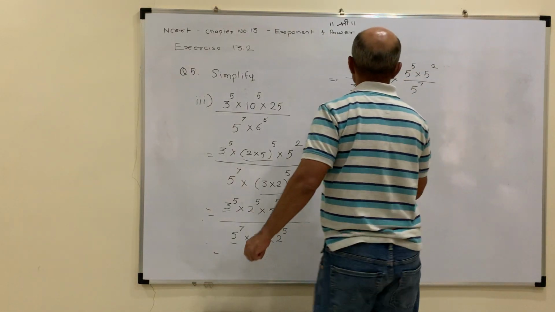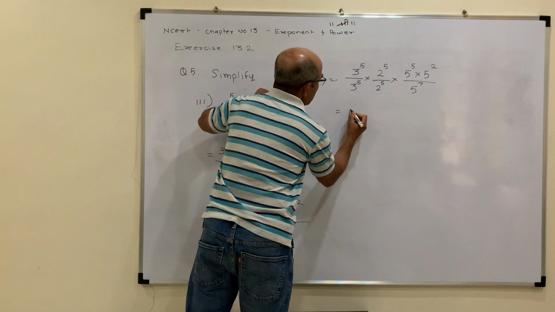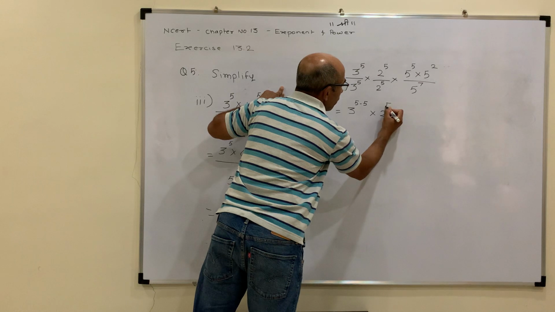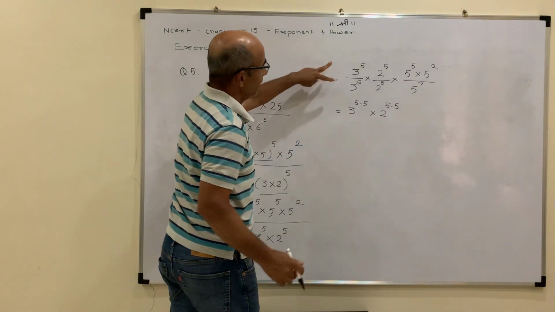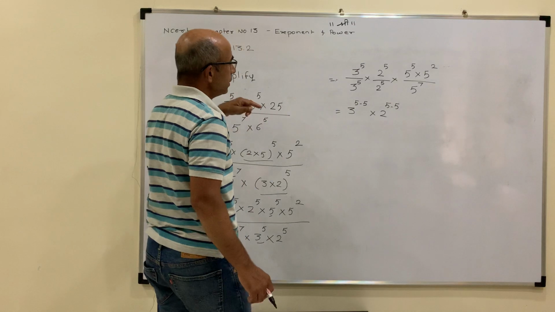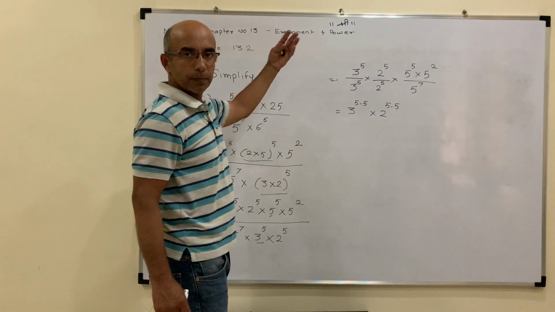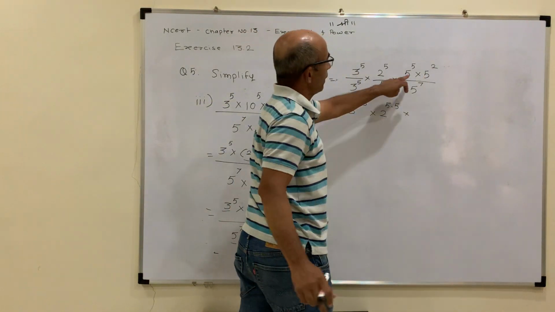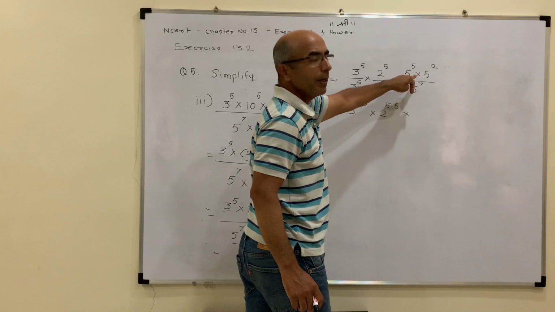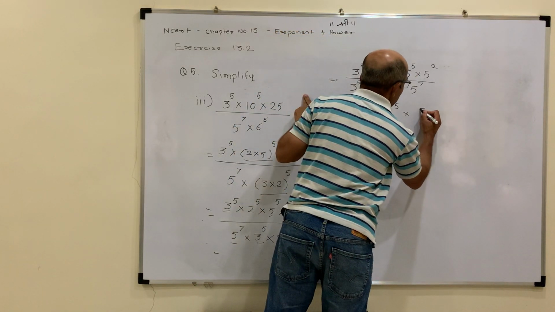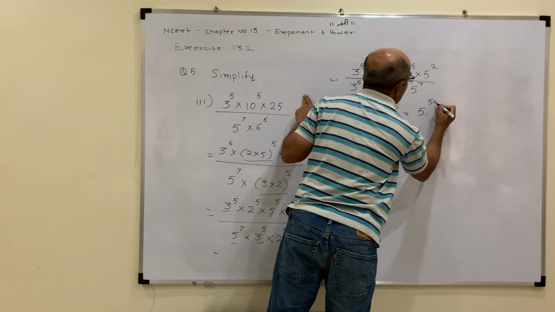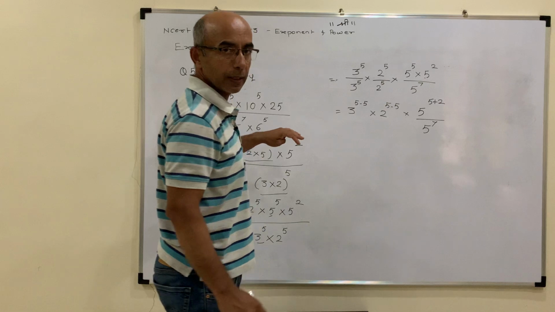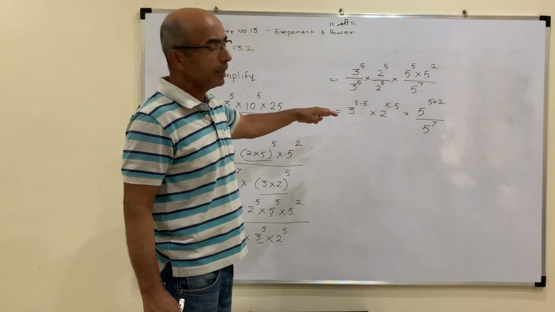So now my next step will be 3 raised to 5 minus 5 into 2 raised to 5 minus 5. As the base is same, division is the operation. The power of denominator will be subtracted from the power of numerator. So here the 5 base is same. Operation is multiplication. So I will be doing addition of the power. 5 raised to 5 plus 2 divided by 5 raised to 7. As I mentioned again and again, don't try to solve too many things in one step.